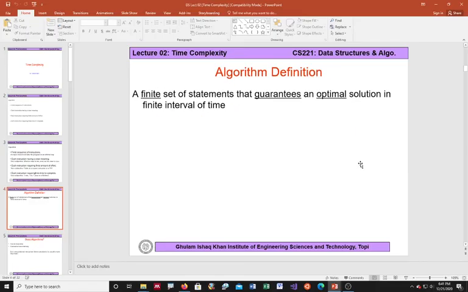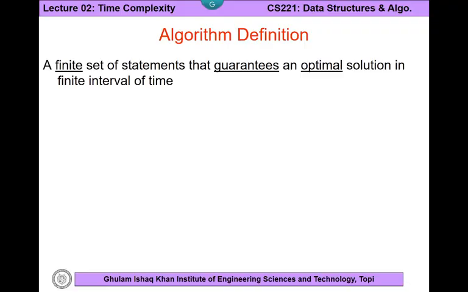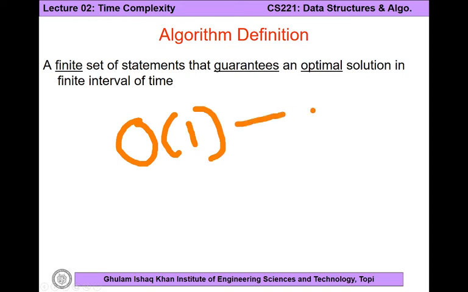We cannot wait that long. But there are certain computers on which such problems can be executed in order of one time, right? So the question is, on which computers does such a problem get resolved in order of one time?